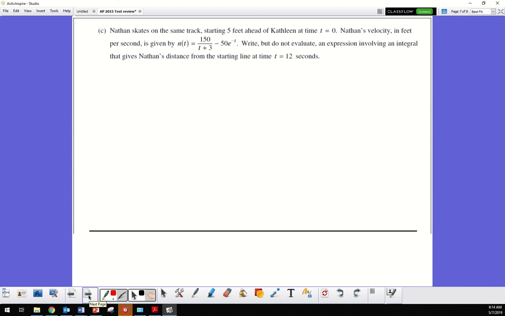Nate skates on the same track, starting 5 feet ahead of Kathleen at time t equals 0. Nathan's velocity in feet per second is given to you by this. Write, but do not evaluate, an expression involving the integral that gives Nathan's distance from the starting line at time t equals 12.